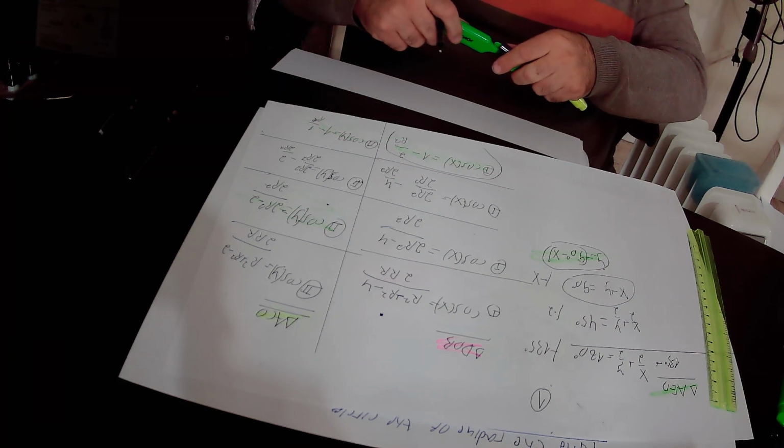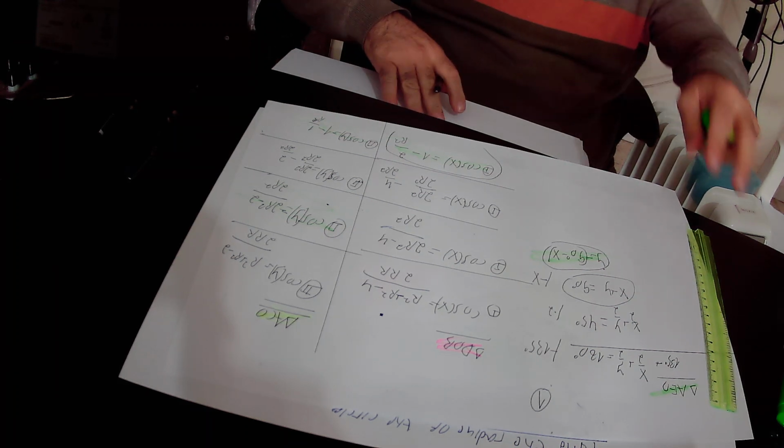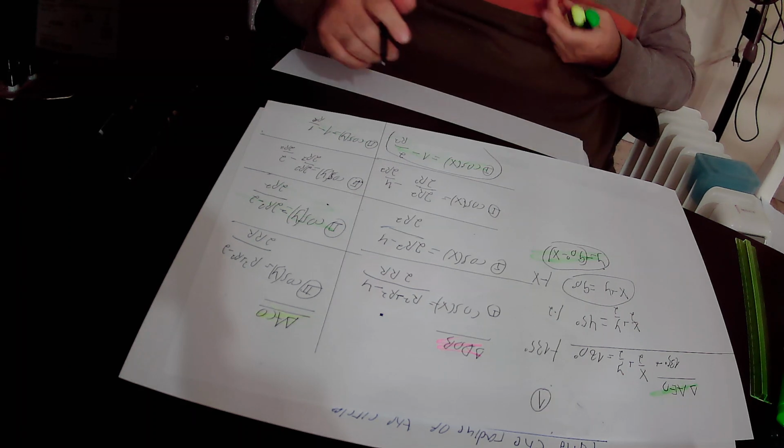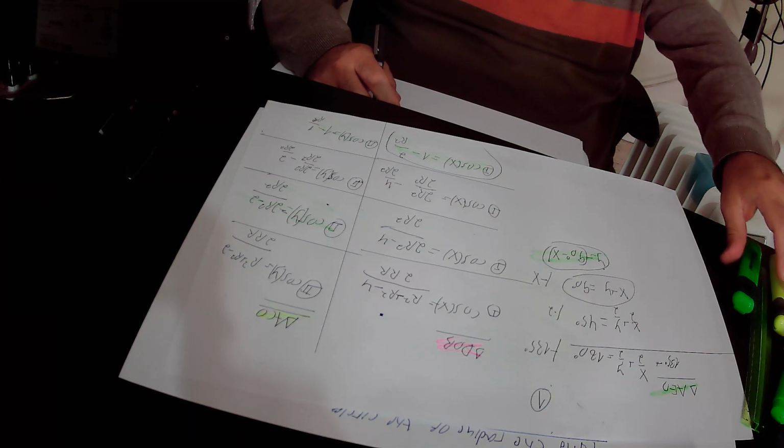In the next step, we define 1 over r squared as t.